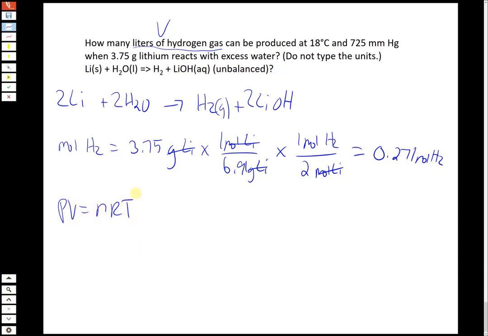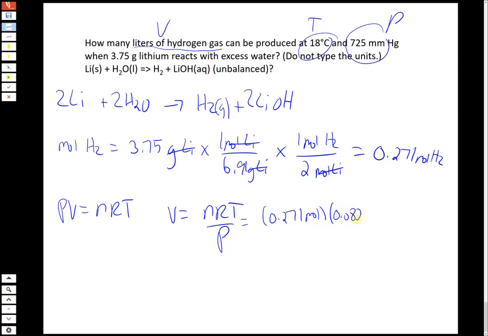Now we have everything else we need to solve for volume. So volume is equal to nRT divided by P. We just found number of moles, temperature is given, and pressure is given. So the number of moles we just found is 0.271.